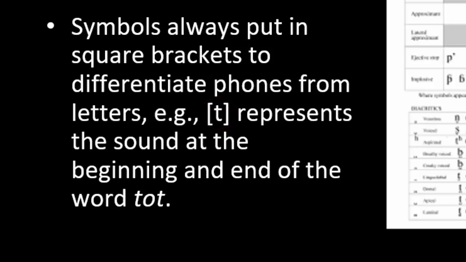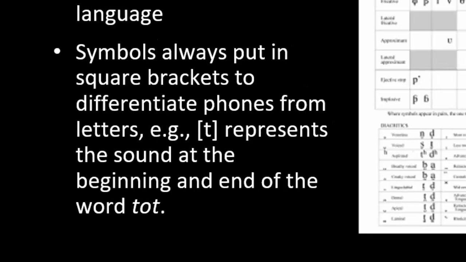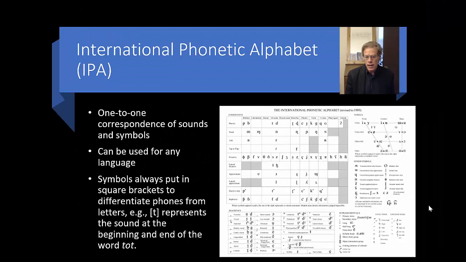And that's the same sound that we find at the beginning of the word taught, as well as the end of the word taught. So the purpose of the International Phonetic Alphabet is to come up with a systematic way of representing the sounds of any language with a one-to-one correspondence of sounds to symbols.